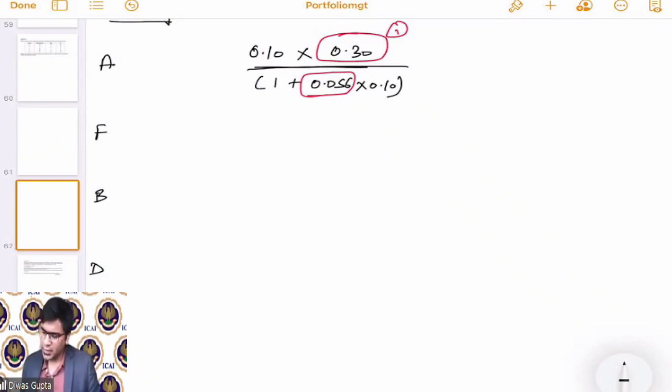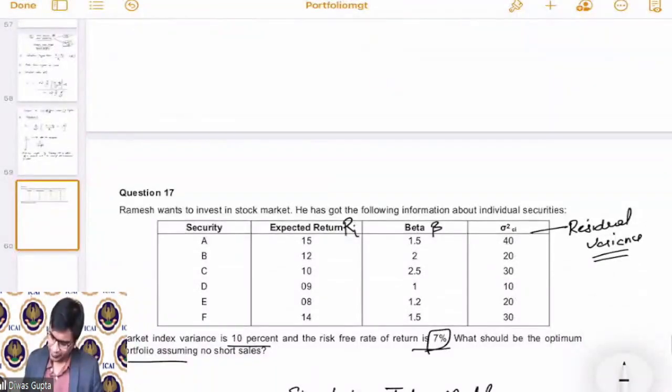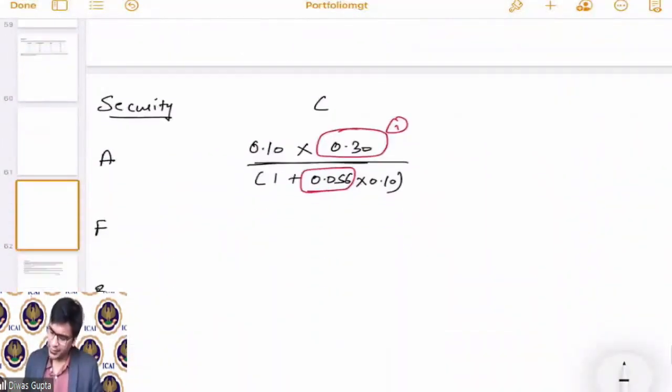This is the denominator, and for the numerator, we are given the market variance as 10 only.